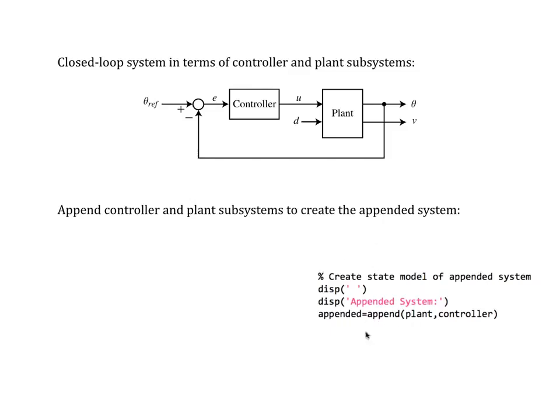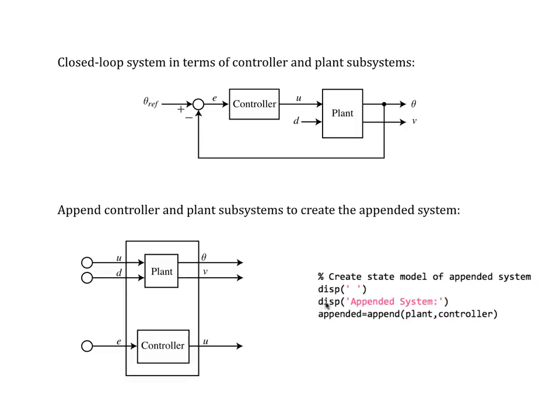It's very simple, really one executable line of code involving a call to MATLAB's append function. The arguments to the append function are the subsystems to be appended, and the return argument is the name of the dynamic system object that will be the appended system.